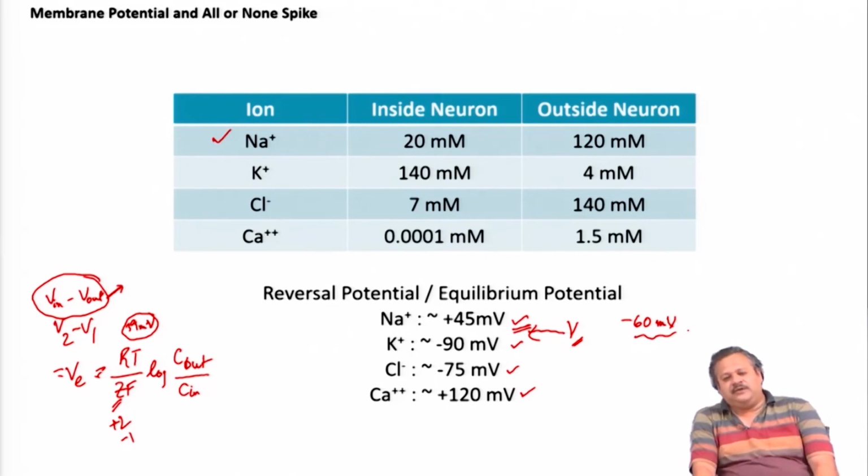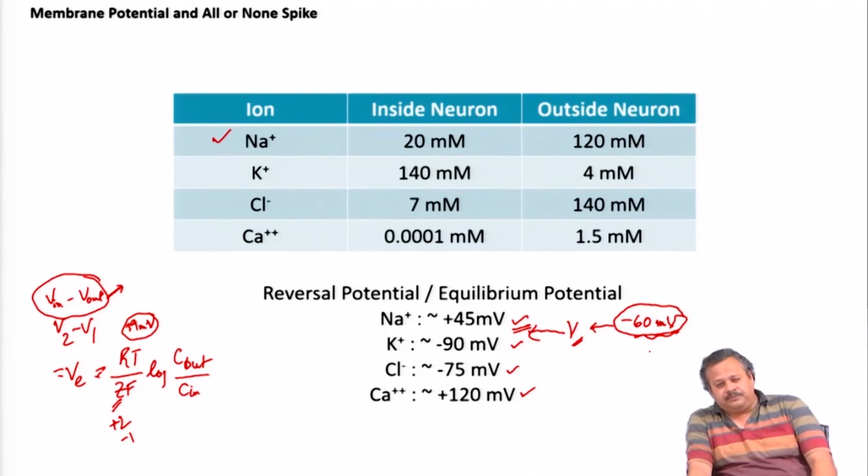So, between -50 to -70, sometimes even lower. So, we are saying that this is at rest. So, if there are paths available in the membrane for sodium to flow, at rest, sodium will flow across the membrane in such a way that this -60 millivolt is pulled towards +45 millivolts, that is sodium's reversal potential.